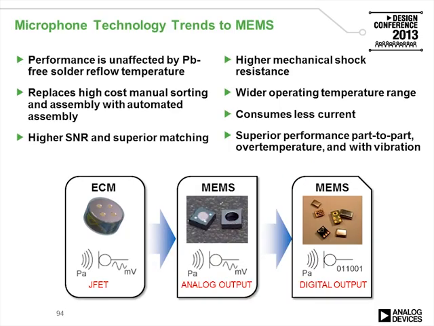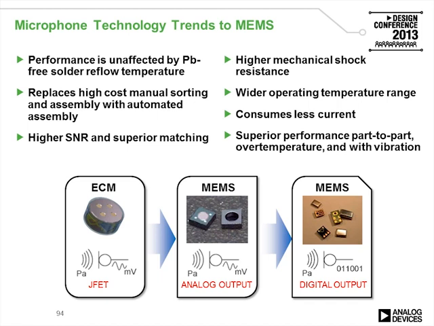The technology for microphones in today's world is moving away from the standard electric condenser microphone in a lot of cases and toward MEMS microphones for a lot of the reasons listed here. The MEMS microphones are more resistant to mechanical shock, to temperature, to solder reflow.